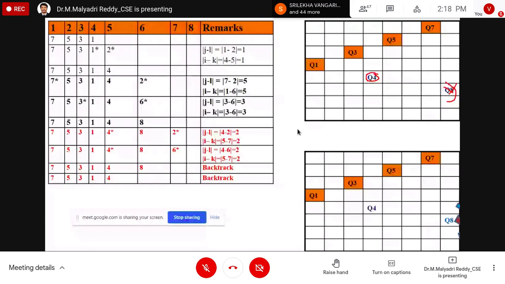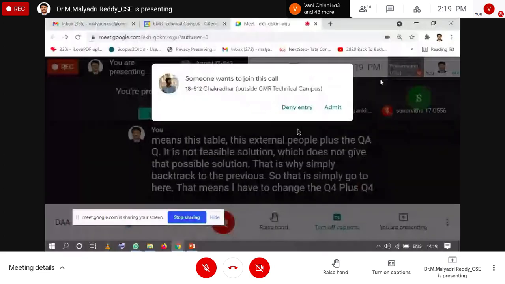If Q8 is placed in the 8th position, this 6 tuple plus the Q is not a feasible solution. That is why simply backtrack to the previous place. That means I have to change the Q4 place.